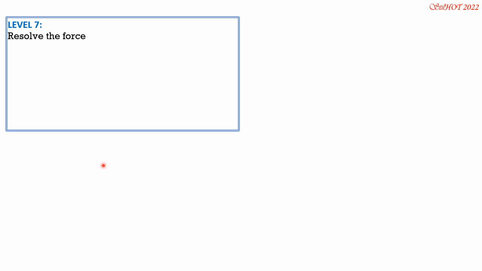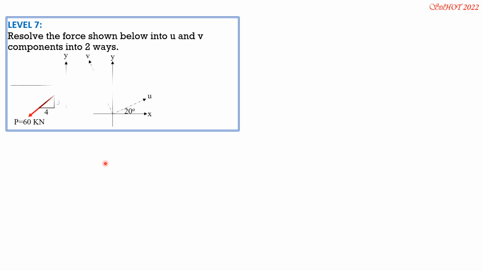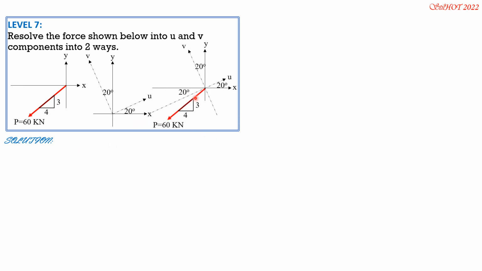Level 7, resolve the force shown below into U and V components in two ways. So let's superimpose the 60 kilonewton load. So we have this measurement of angle. Then the angle that P makes with the horizontal, this axis here, is equal to this angle.